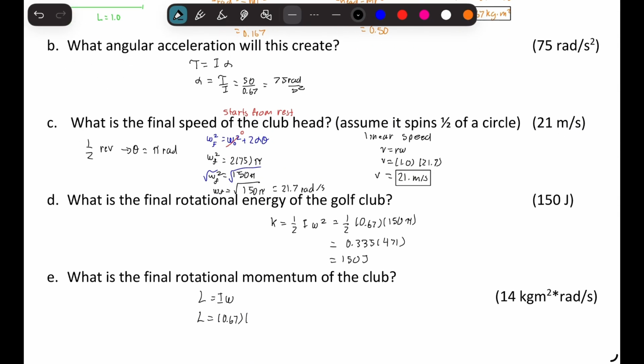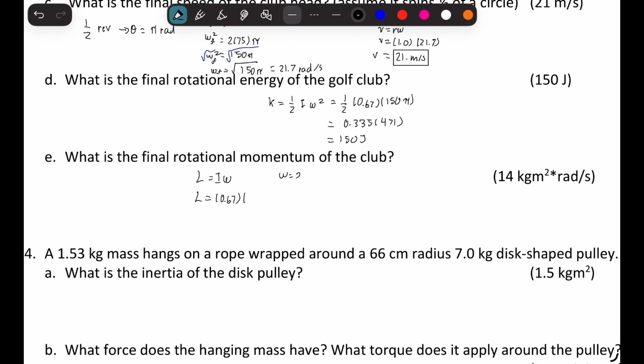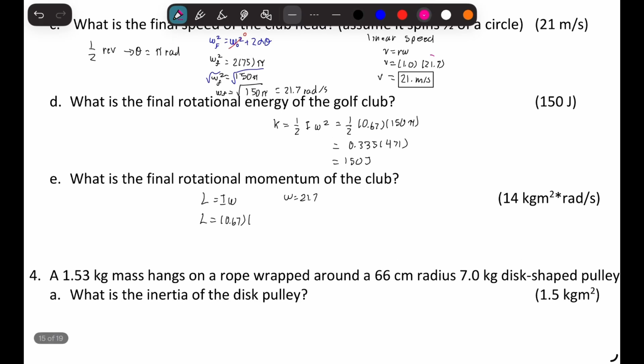We know that omega is equal to 21.7, which we found here, which we have here as well. And we know that L is equal to 14 kilograms meters squared per second.